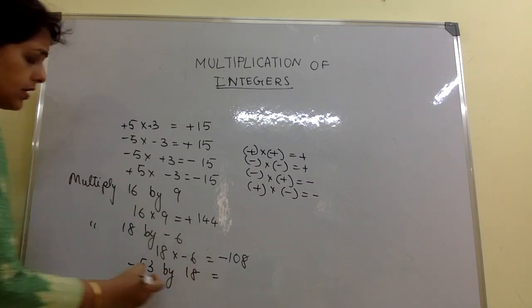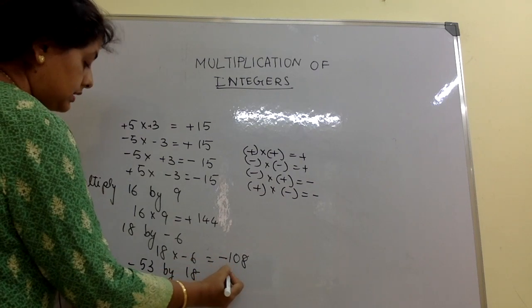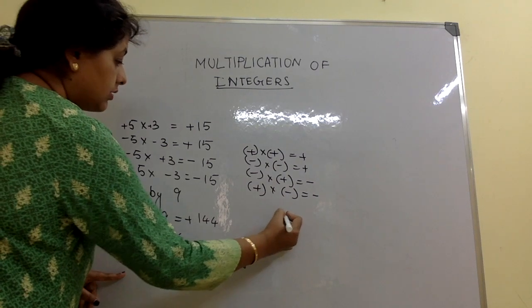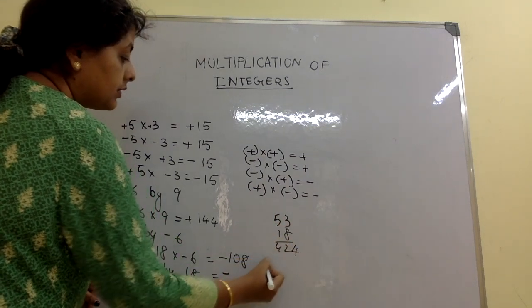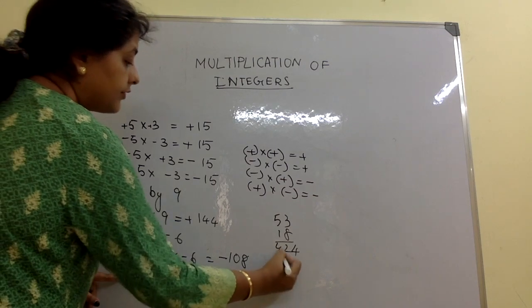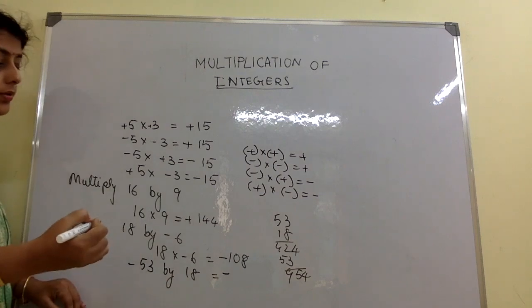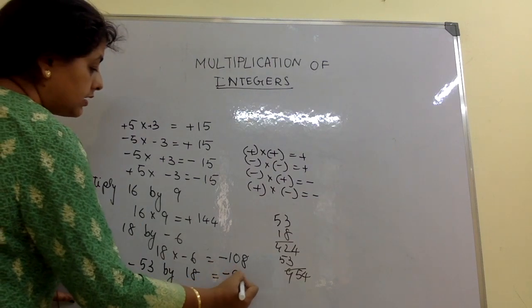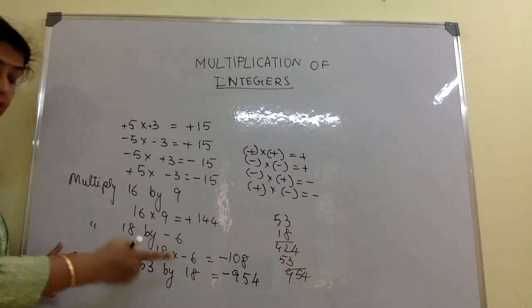This is a little big number, so we'll manage with rough work. Minus with the plus is minus. Now 53 into 18 is 954. So minus 954.